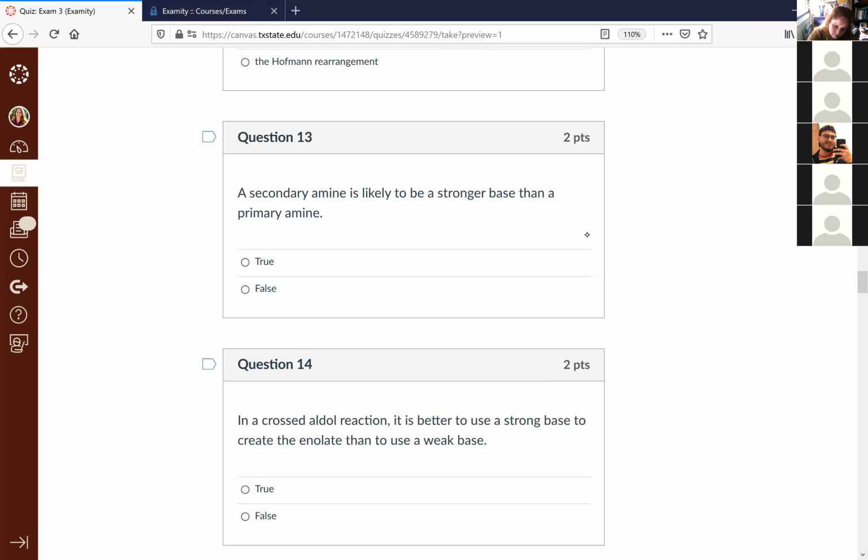So we're talking about the difference between dimethylamine and methylamine.